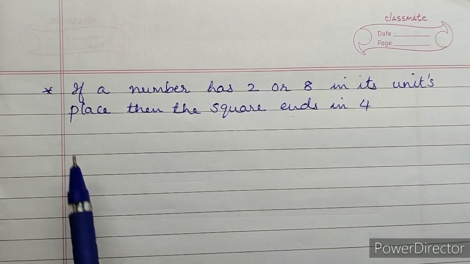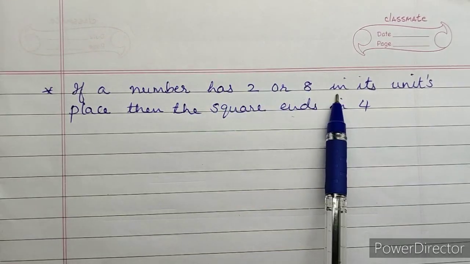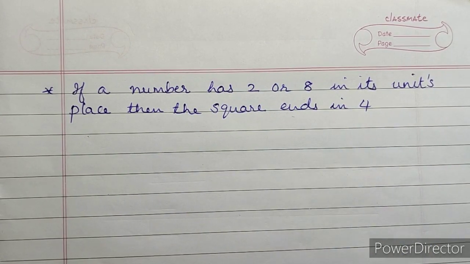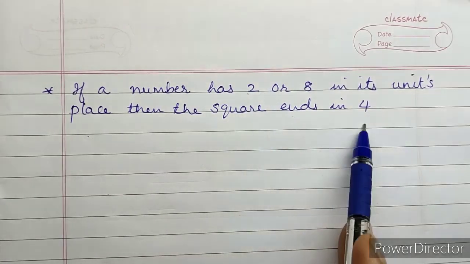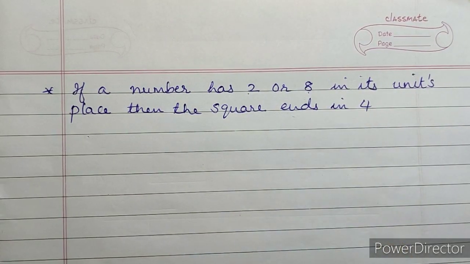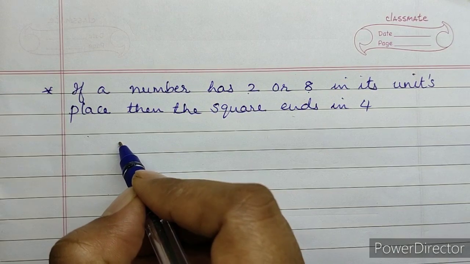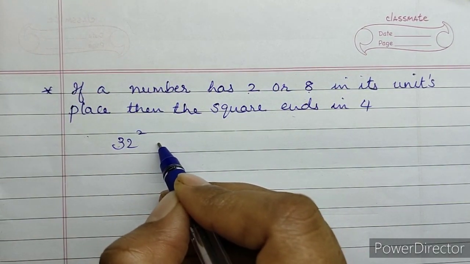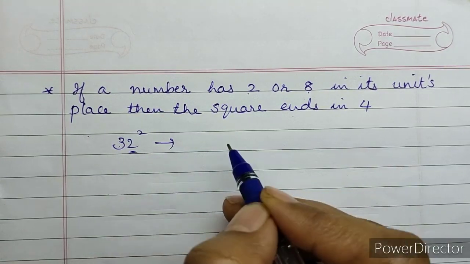Next rule is, if a number has 2 or 8 in its unit place, then the square ends in 4. So, 2 2s are 4, 8 8s are 64. That is the reason behind that. For example, 32 square. 32 square, last digit is 2.